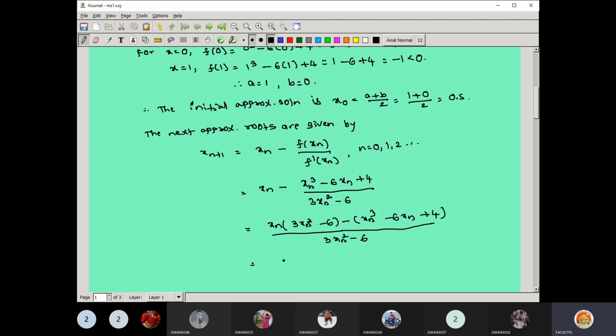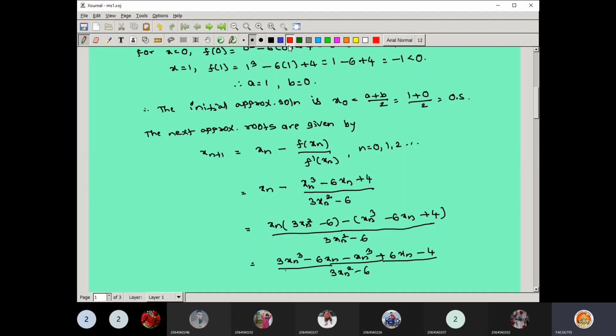I am just doing the simplification only. So numerator 3xn cube minus 6xn minus xn cube, it is plus 6xn and minus 4 divided by same value, it is 3xn square minus 6.